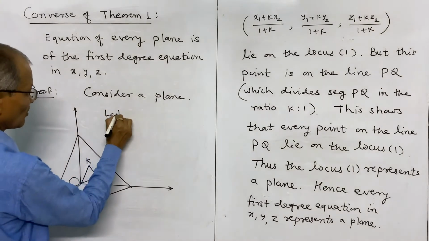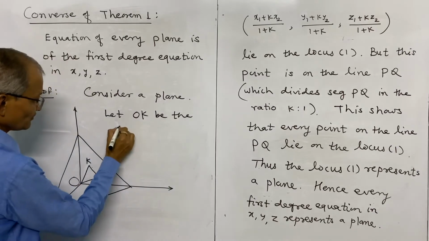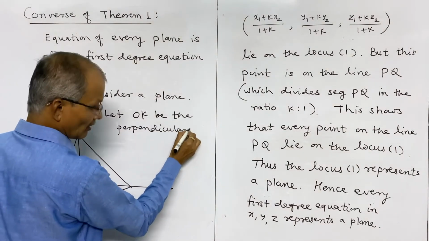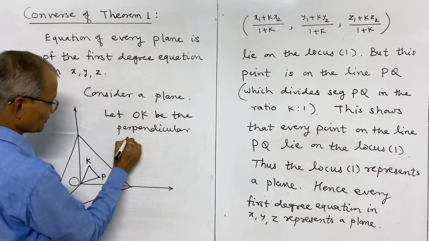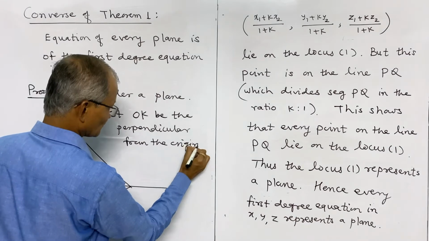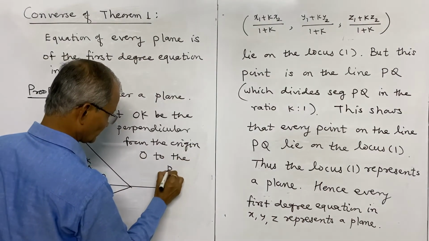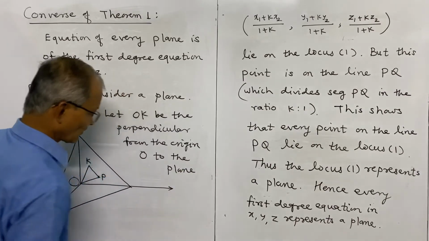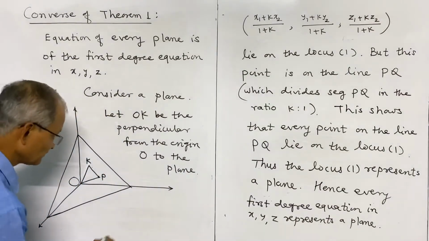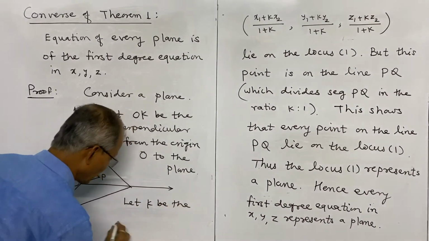Let OK be the perpendicular from the origin O to the plane, meeting at K, the foot of the perpendicular.